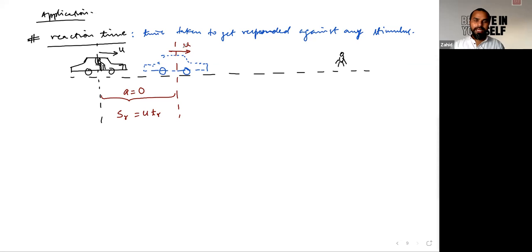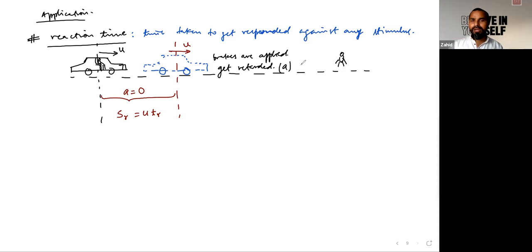Now, due to that particular stimulus, the brain has signaled the muscles of the legs to apply the brakes. So now brakes are applied. This particular car gets decelerated or retarded by some acceleration, let's say a.